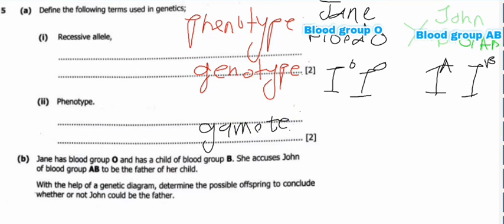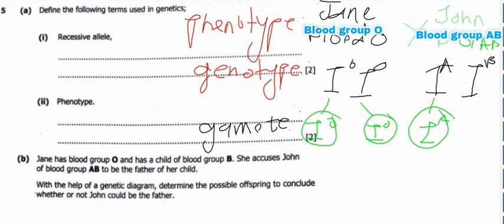During the splitting of gametes, this one is going to be independent as blood group O, and this one is also independent as blood group O. This one, blood group A, is independent, and also blood group B as independent.